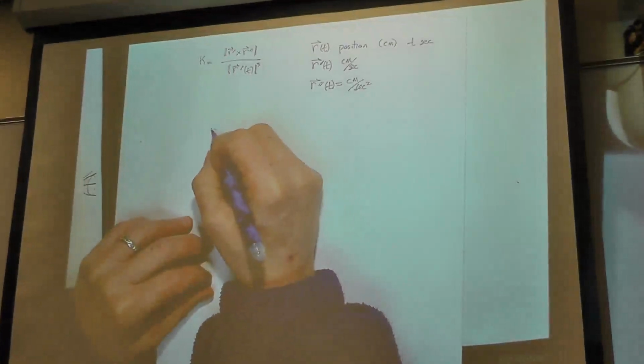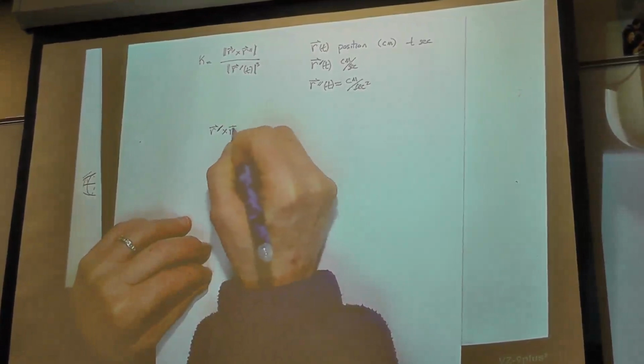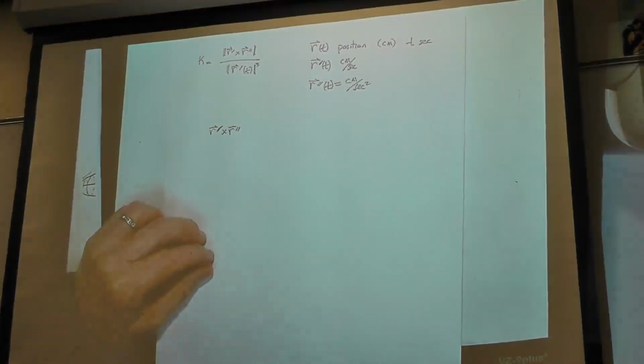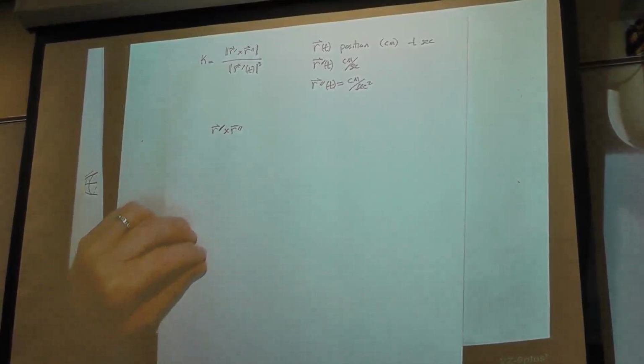Now, what would be the units of R prime crossed with R double prime? That's a bit trickier.